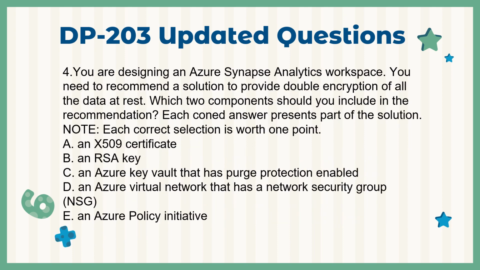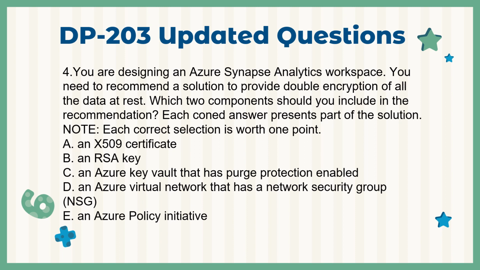4. You are designing an Azure Synapse Analytics workspace. You need to recommend a solution to provide double encryption of all the data at rest. Which two components should you include in the recommendation? Each correct answer presents part of the solution. Note: Each correct selection is worth 1 point.